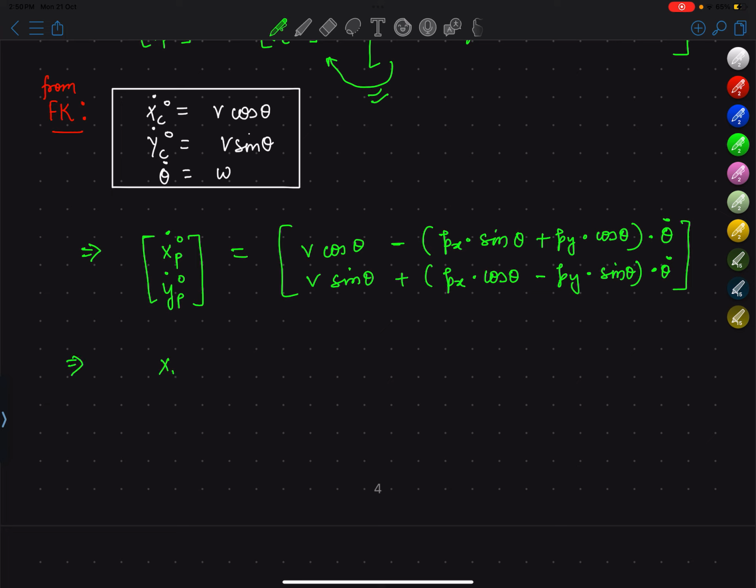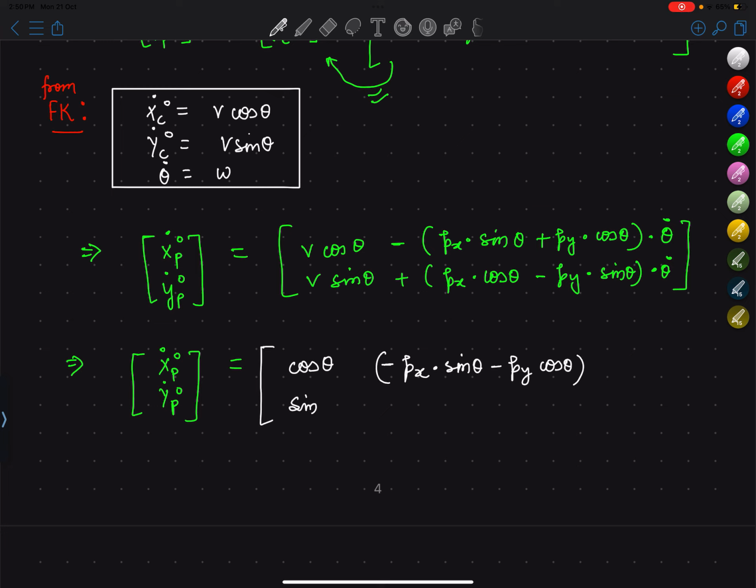Alright, which can be further written as xp naught dot, yp naught dot. This is a vector, and it can be distributed as a matrix and vector multiplication. How do we do that? So cos theta and minus px sin theta minus py cos theta is one row.